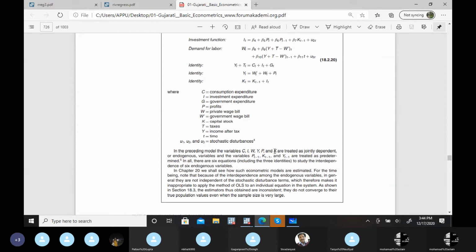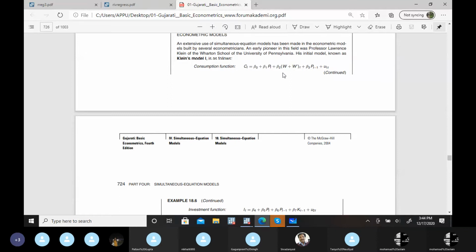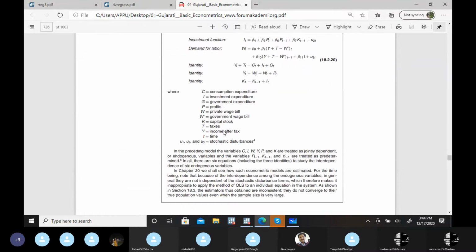So 6 minus 1, 2, 3. 6 minus 3, it's 3. So we have M minus 1 equal to 3 and K minus k equal to 2. So is it over-identified or just identified? Or unidentified?